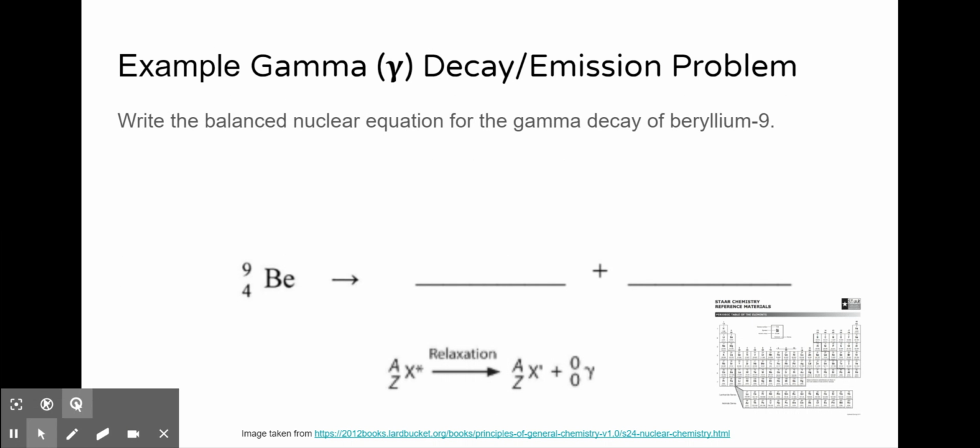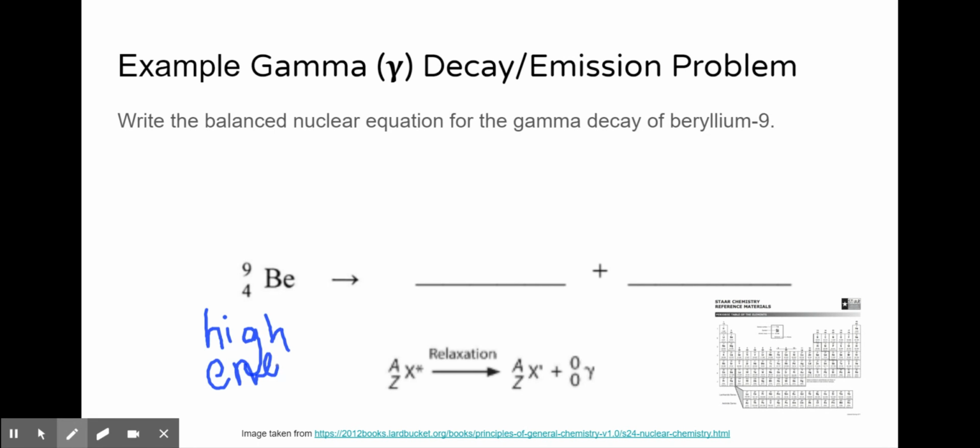So let's do the example of gamma decay. Write the balanced nuclear equation for the gamma decay of beryllium. So remember, this is just a higher energy. So this is high energy. It relaxes.